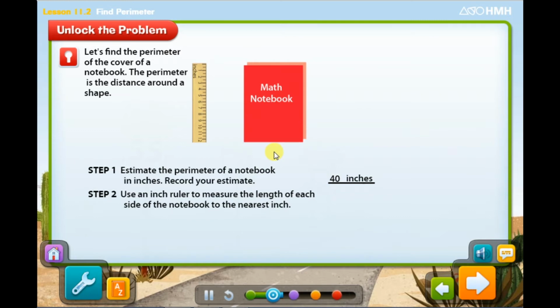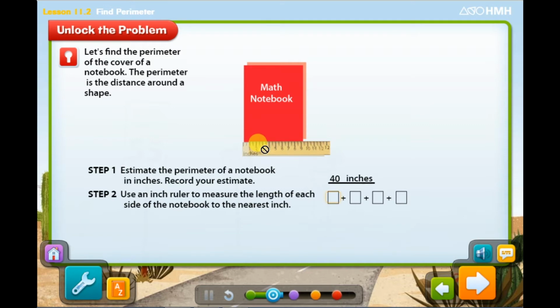Next, let's use an inch ruler to measure the length of each side of the notebook cover to the nearest inch. Measure the first side of the notebook. We need to move the ruler until the edge of the notebook. We will move it here until 0 is exactly on the edge.